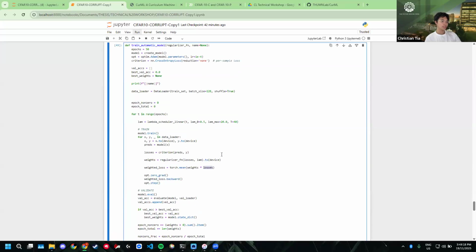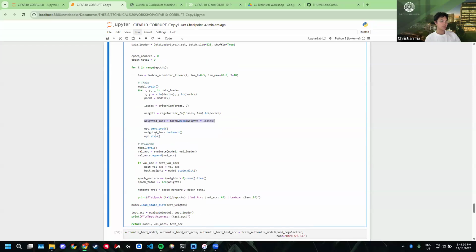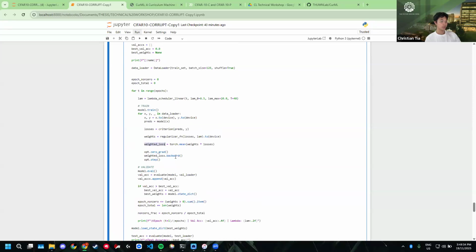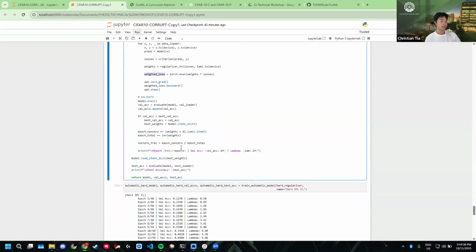If weight is 0, those examples would be removed, so they're not represented at all, and the parameters aren't adjusted based on them, so to speak. This is where you apply those weights, and then you perform backwards propagation based on that weighted loss instead of just the basic loss, and then you do the same evaluation.